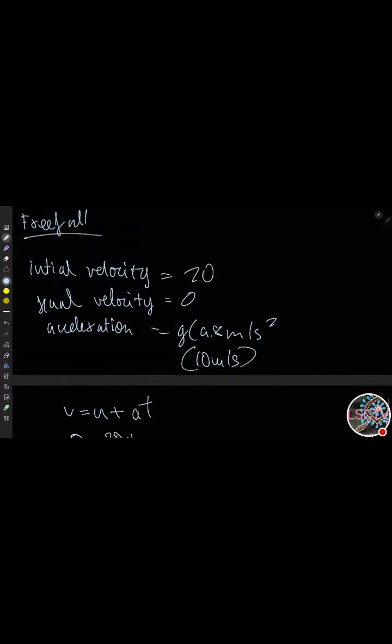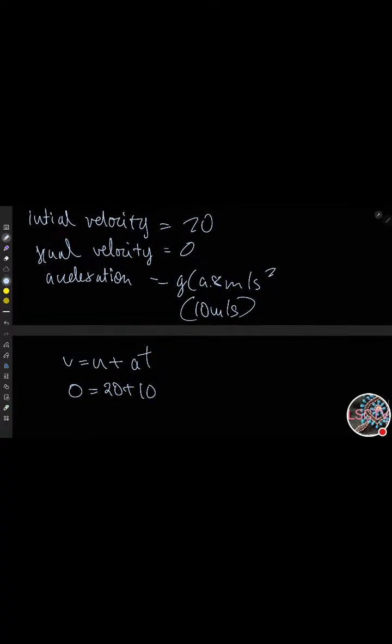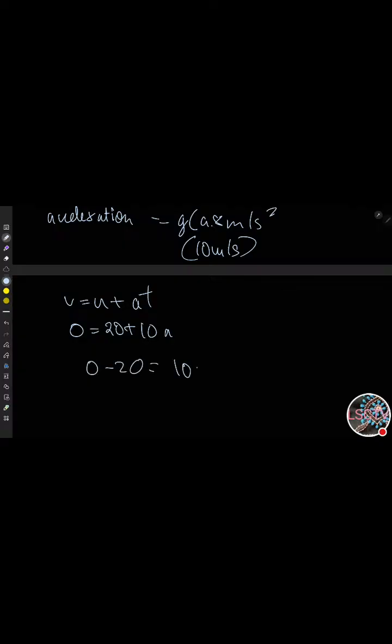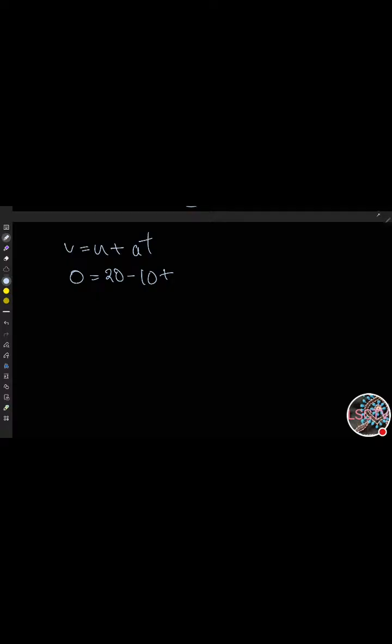Initial velocity 20 plus a, acceleration, you substitute g, 10. 0 minus 20 is equal to 10t. So minus 20 is equal to minus 10t. 20 equals 10t, t is equal to 2. No, t is equal to 2, no? Tell me.